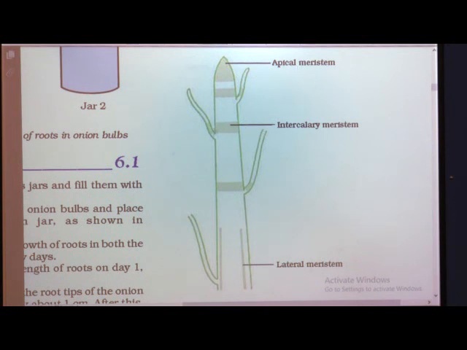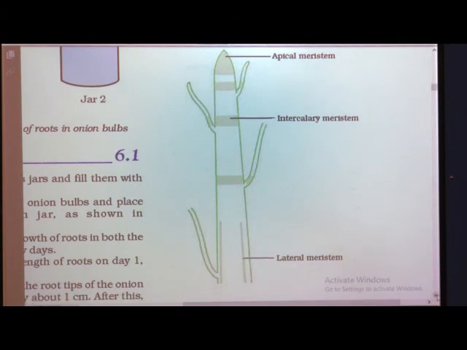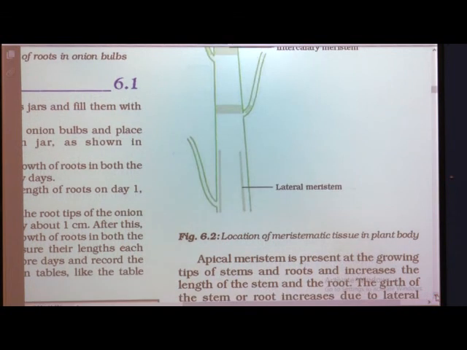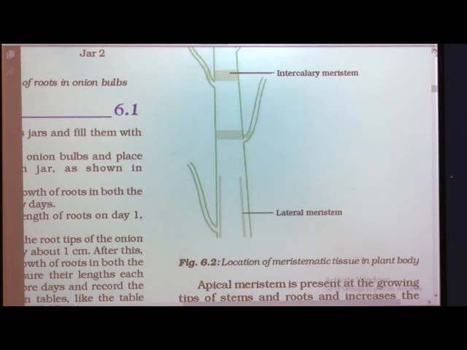Intercalary meristem is present at the base of leaves and branches, and lateral meristem is responsible for increasing the girth or width. So, these are the three types of meristematic tissues, and their location in the plant body is shown here.